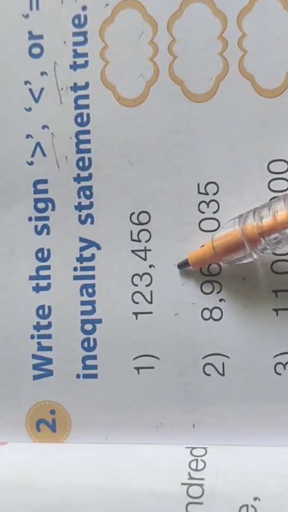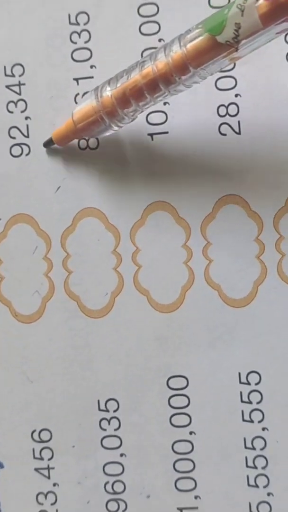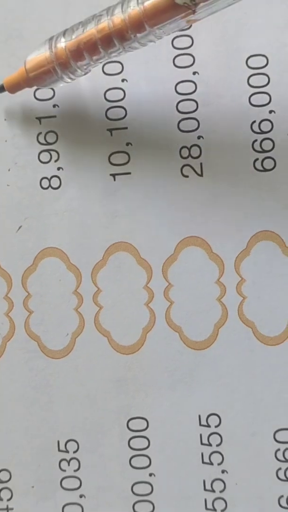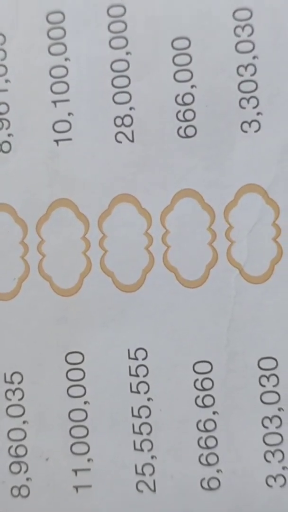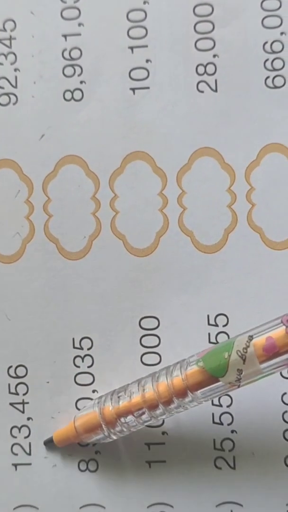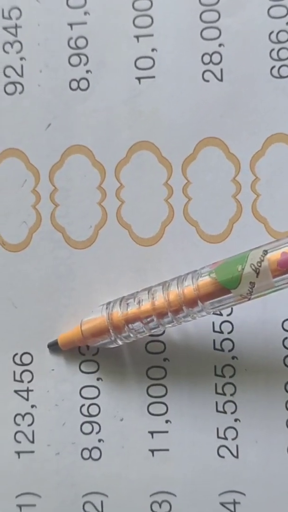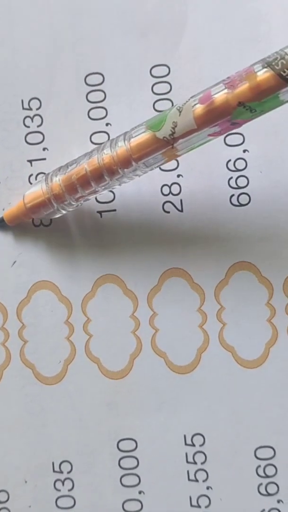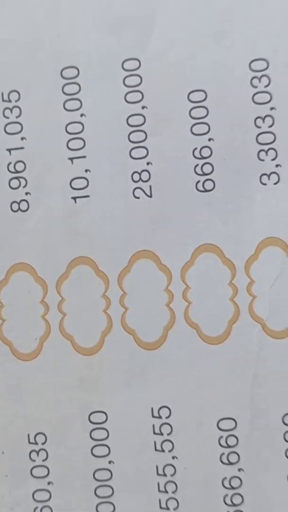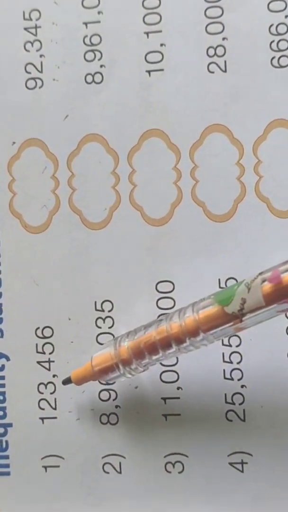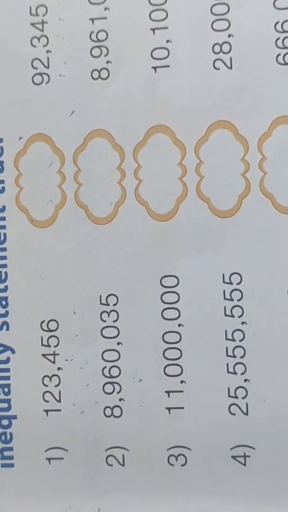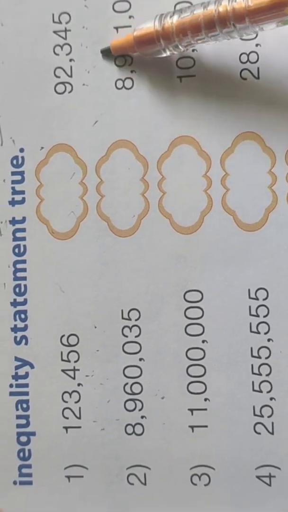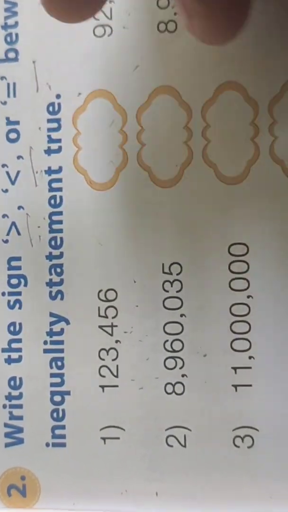Let's look at number 1, 123,456, and on the right, we have 92,345. So let's count the digits. 1, 2, 3, 4, 5, 6 digits on the left, and on the right 1, 2, 3, 4, 5. So automatically the number on the left is bigger than the number on the right. So we are going to use greater than.